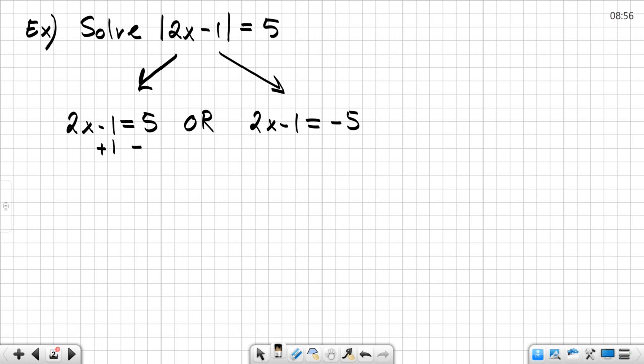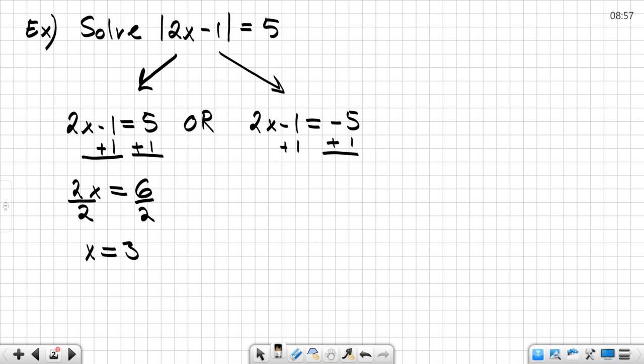So what am I going to be doing? Let's first solve the one on the right side. I'm adding 1 to both sides. I get 2x is equal to 6. Now I will divide both sides by 2, and I get that x is equal to 3. On the other equation, I'm doing the same thing. I'm adding 1 to both sides, and negative 5 plus 1 is negative 4.